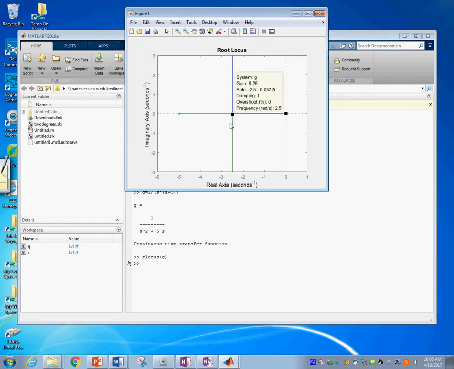You could actually touch anywhere on the screen, and it'll tell you the value. Right here it was on that point, and at k equal to 1, you have the transfer function there.